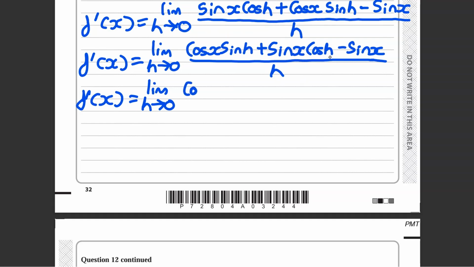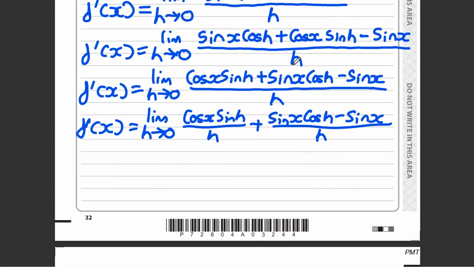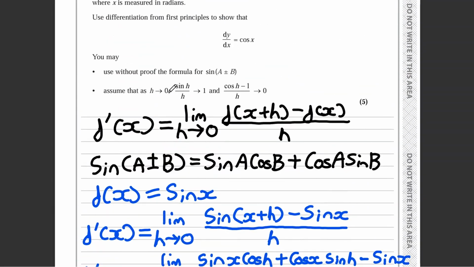We can write this as cos x sin h over h plus sin x cos h minus sin x over h, like this here. Now if we look at this here, we can assume that as h is approaching 0, sin h over h is going to approach 1, and cos h minus 1 over h is also going to approach 0 here.